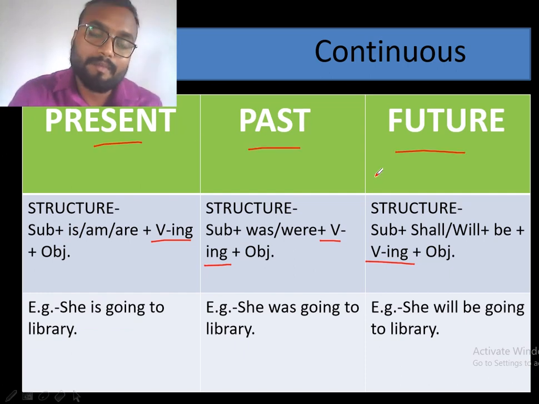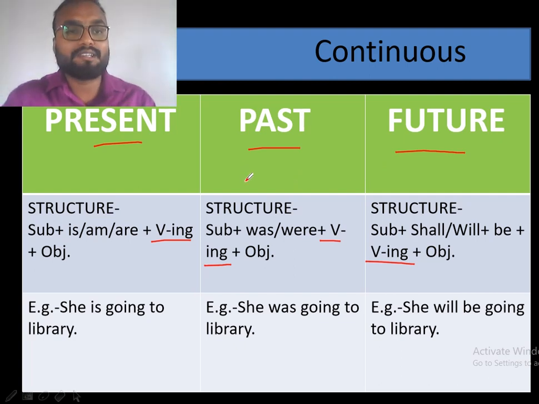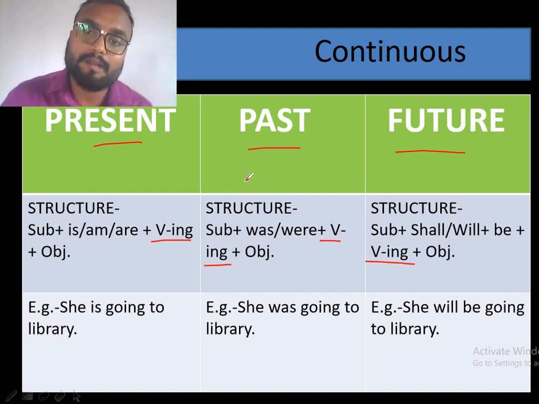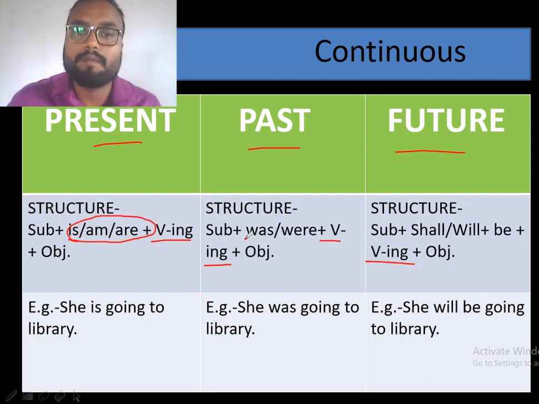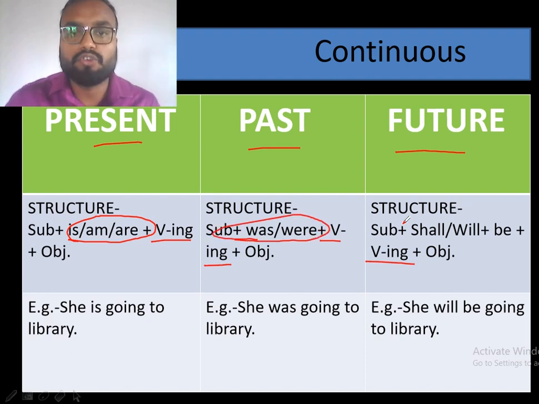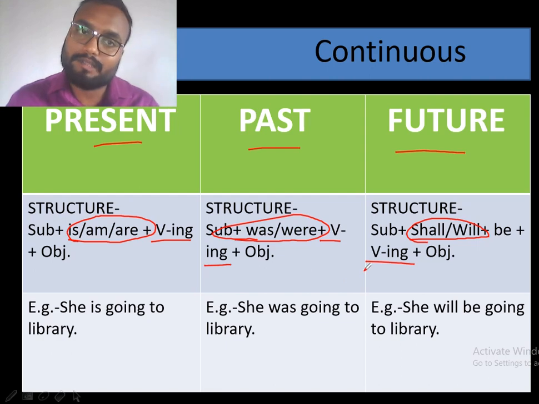So again we will have to use something auxiliary to show whether the action is in progress, or has already been completed, or will be done in coming days. So we will have to use the word which will denote the tense. Tense is time, which will show the time. So in order to show the time, we have used is, am, are in present form, was and were in past form, and shall and will in future form. So everything is there in the name only.